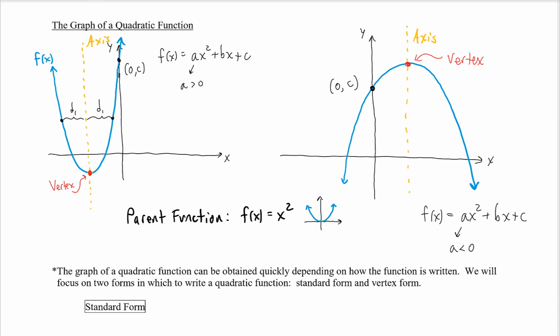So if you go to the right of the axis to find a point, you should be able to go the same distance to the left to find a point. Because again, if you were to fold this parabola along its axis, it should match up perfectly. So if I go from here to get to that point, let's say we call that distance 2, then I should be able to do the same distance to get to another point over here.